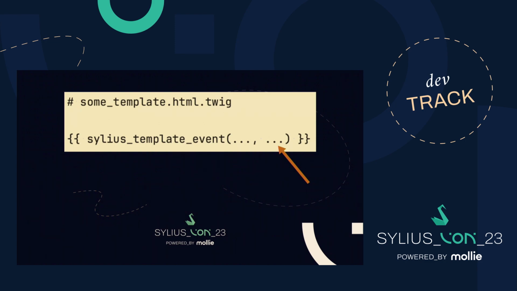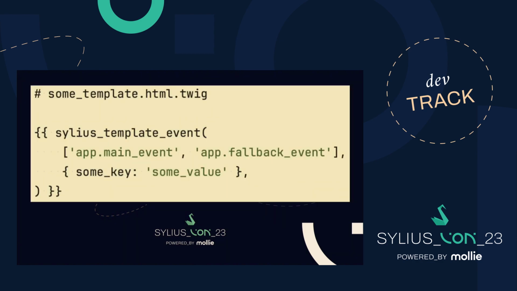So we have some key, we have some value, and we pass this data along with our event. Here's an example where we have some app.main event and app.fallback event. The order of these two events is important, but we'll talk about it in a while. Also, we have our context with some key and some value.